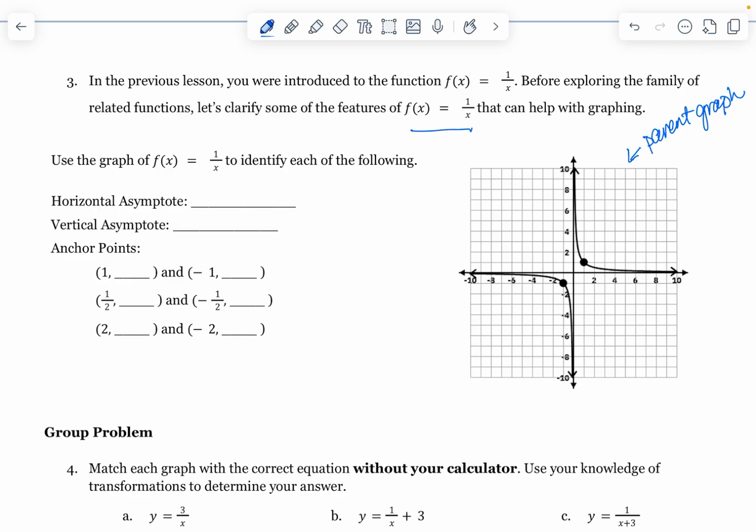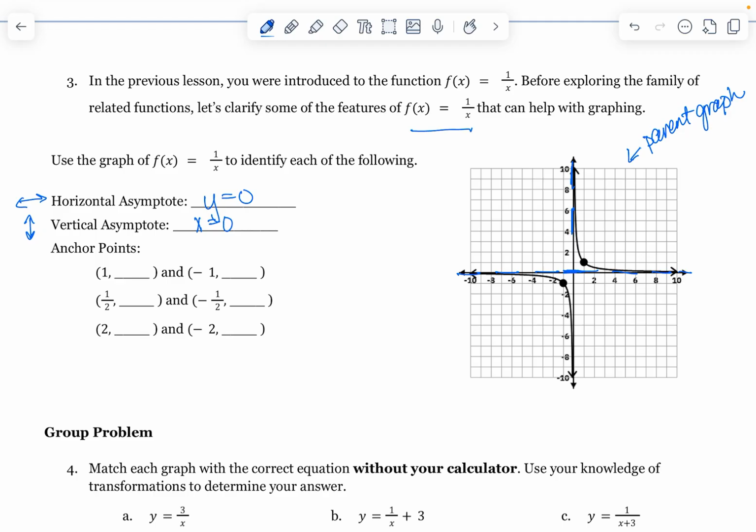We have a horizontal asymptote, left and right, at y equals 0, right along the x-axis. Then our vertical asymptote is up and down, and for our parent function, it is x equals 0.